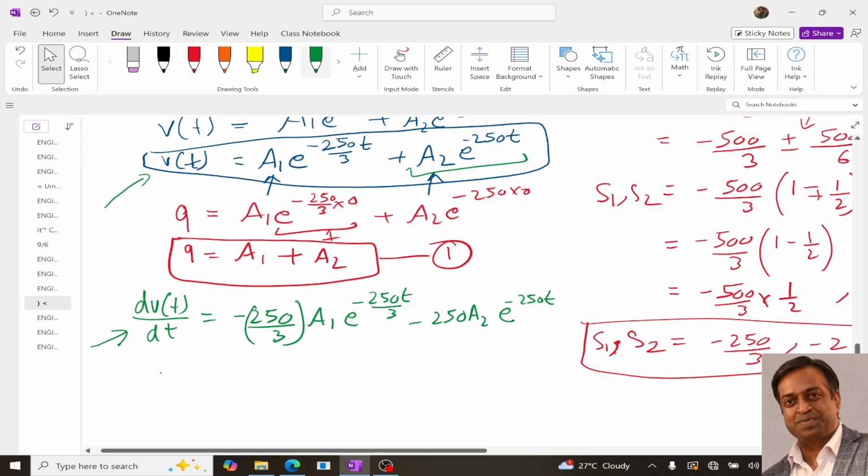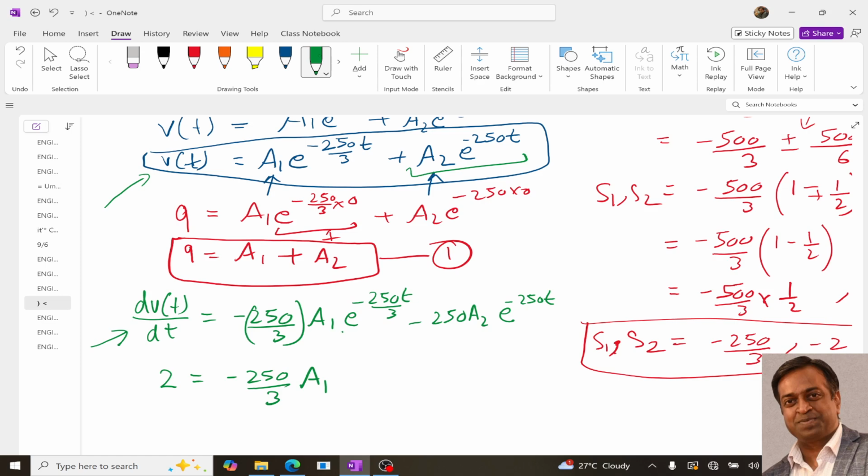So 2 is equal to minus 250 by 3 A1, and this term after substituting t equals to 0 will become 1, minus 250 A2, and again this term will become 1.